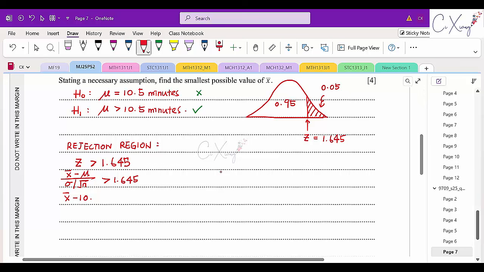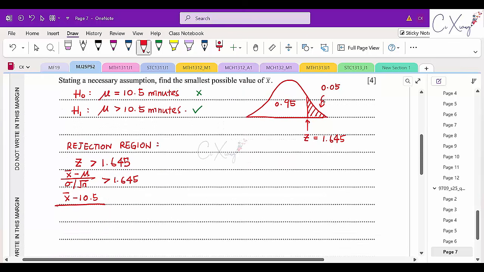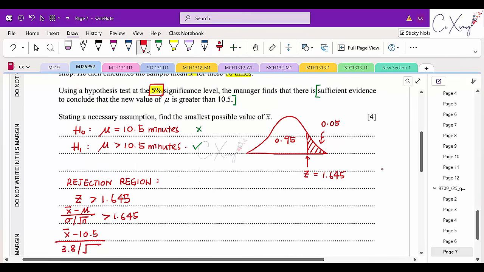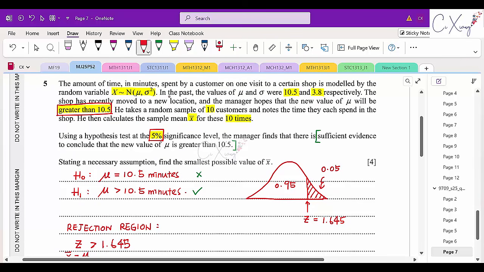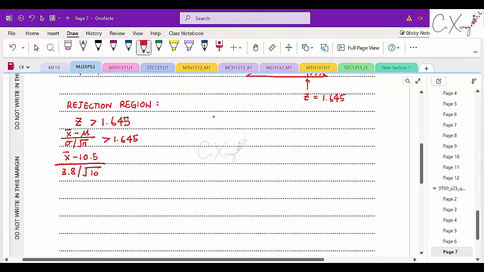Population mean, I know is 10.5. The standard deviation is 3.8, and this is actually our assumption here, divided by the square root n. The sample size is 10 customers. And then greater than 1.645.